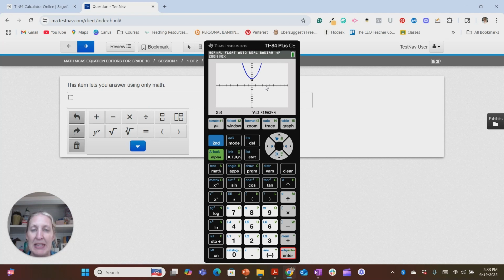So your answer would be 0. So the main purpose is just showing you how to plug in the equations into the calculator and working your TI-84, especially for the graphs and your domain and range questions.